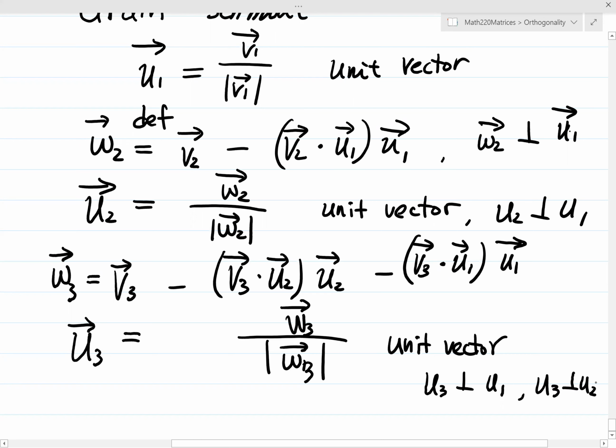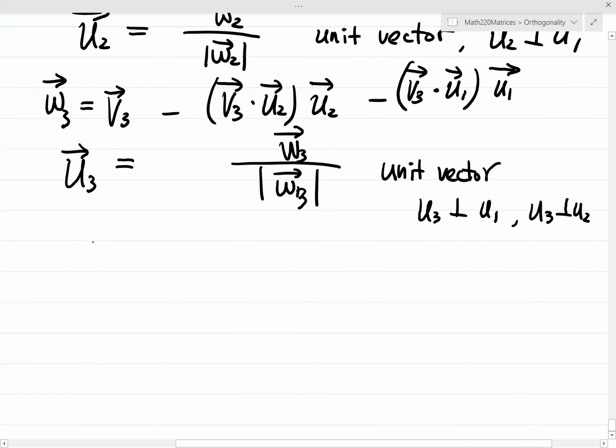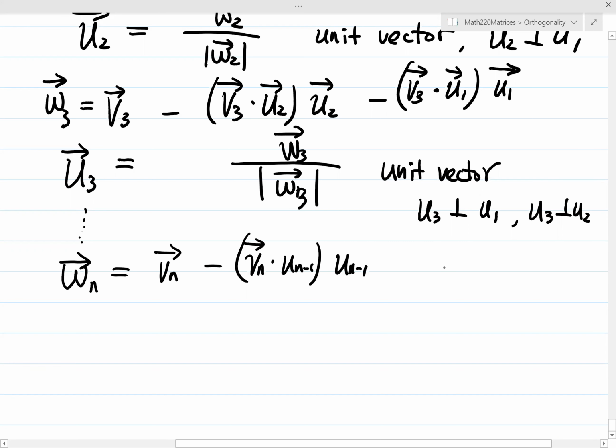Okay, etc. So in this manner we get W1, W2, W3, up to Wn. Wn is the vector we get by taking Vn and subtracting the projection of Vn onto Un minus 1, times Un minus 1, and so on, down to subtracting the projection onto U1.